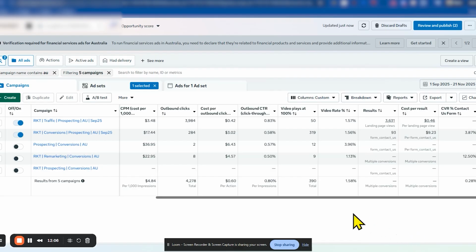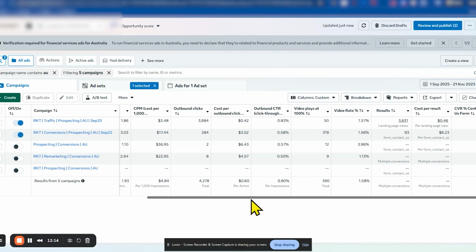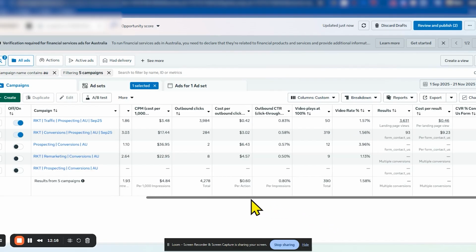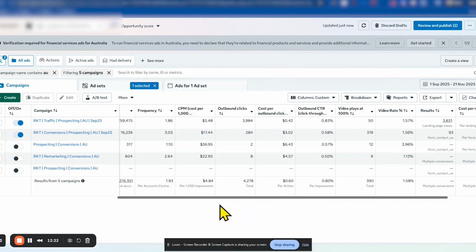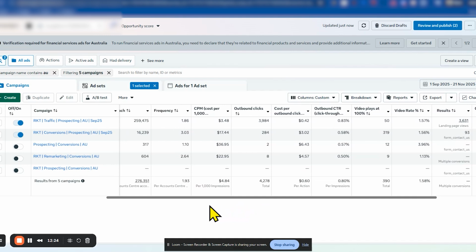The click-through rates are quite similar, still sitting around 0.58%. The cost per click is cheaper at $3 compared to $4. That's cool, but the biggest thing that I saw improve is CPM.